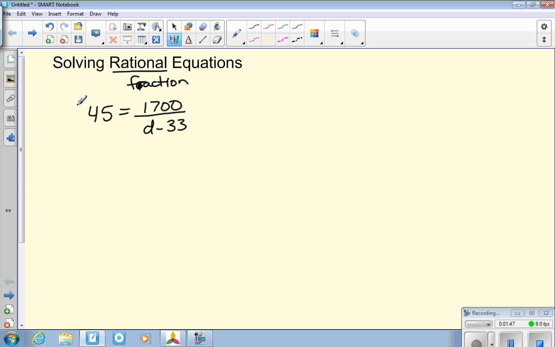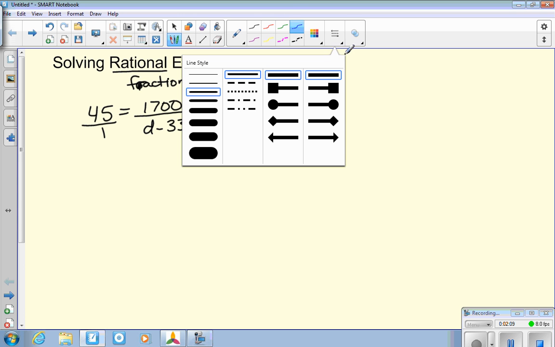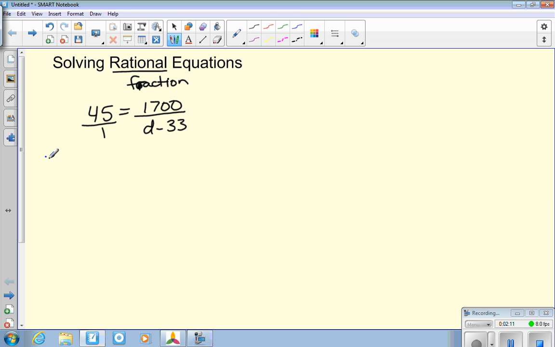Now, if you notice, the left side is not a fraction, so this is probably the easiest type that we'll have. But if 45 is not a fraction, we can make it a fraction by putting it over 1. The way we're going to solve rational equations is by multiplying both sides by the least common denominator, which means that we want the denominators to be the same. Right now, this is 1.